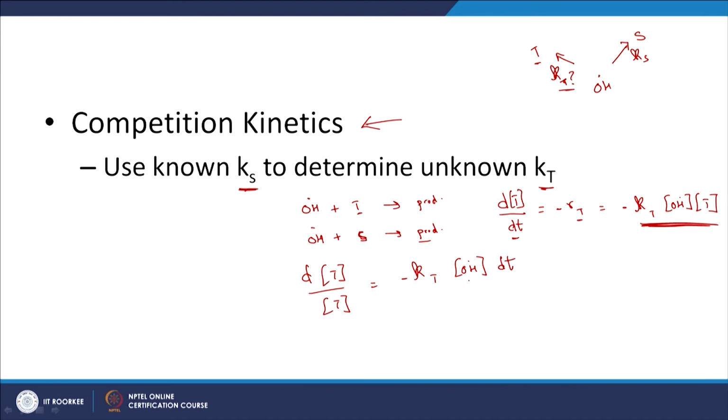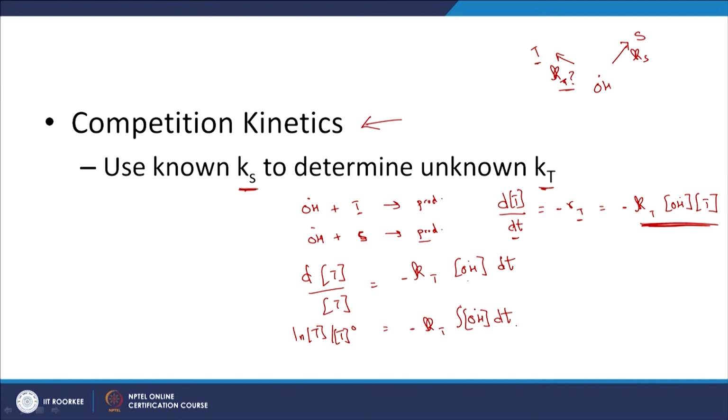Getting information about the OH radical is relatively difficult, but if I integrate on both sides, the natural logarithm of T over T naught is equal to minus K_T times the integral of [OH radical] dt.